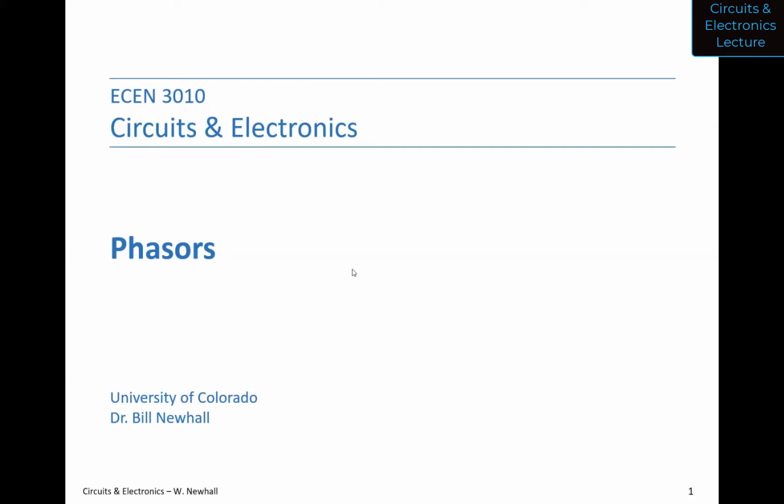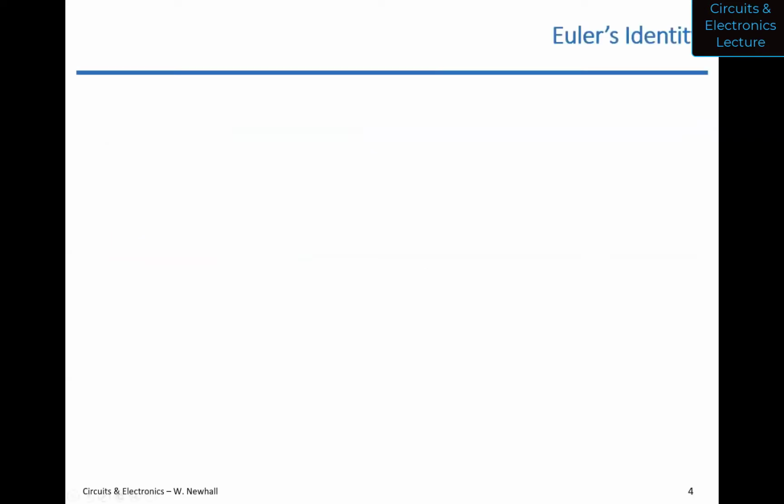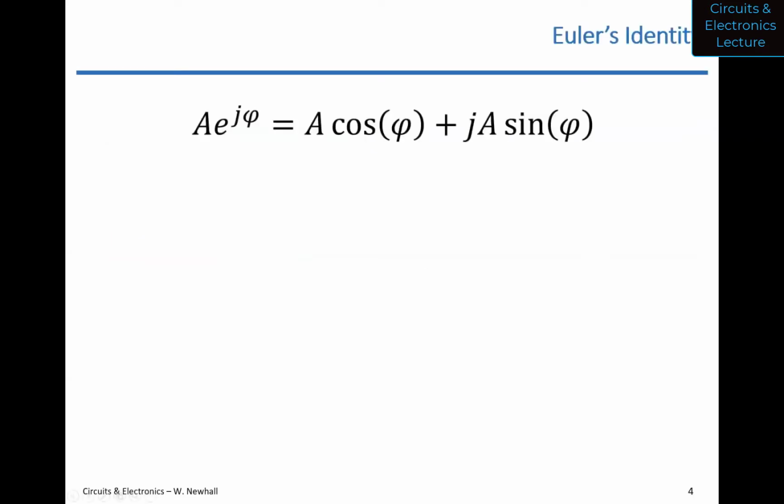Let's talk about phasors. Right up front, phasors are that vector that starts from the origin and goes out to some point in 2-dimensional space. It's that arrow, it's that vector. We call them phasors when they represent sinusoids. I already mentioned that Euler's identity, actually Euler's formula, is this.